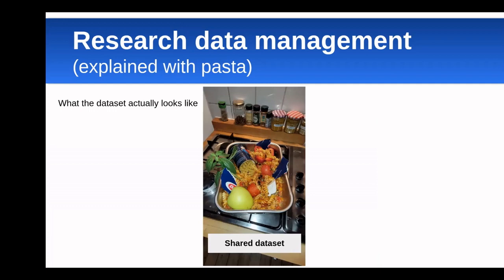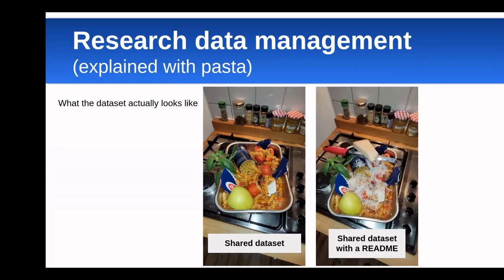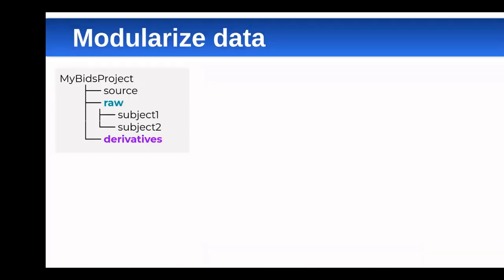Sometimes you may get lucky and there may be a README, but a README on this kind of data is like hoping that adding Parmesan cheese on all of this is going to make it easier to digest. In case you're wondering, I actually had to eat some of that after I took the picture. Do not recommend. So please organize and modularize your data.